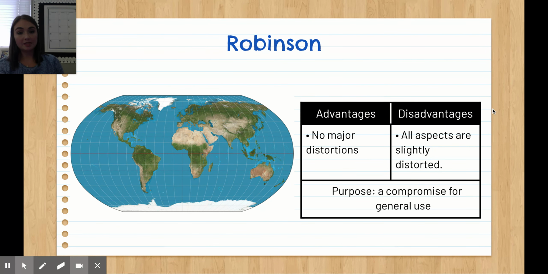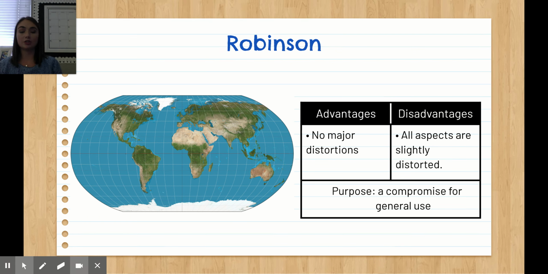This is the Robinson projection. You've probably seen this one a lot because this is a compromise of all the other maps' problems. There's no major distortions. There's just a little bit of everything. So it's not like the shape is super off or the size is super off or the distance. They're all a little bit off, but it's a good map to use generally because it's a good reference map, because there's no giant distortions.